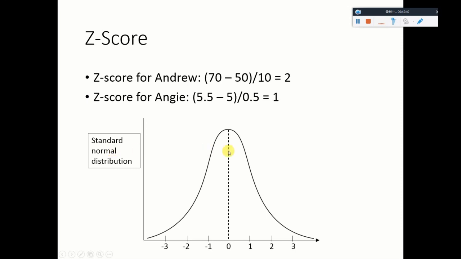And we call this standardized distribution, or distribution for z-scores, the standard normal distribution. Z-scores also have their own distribution, and it's a standard normal.